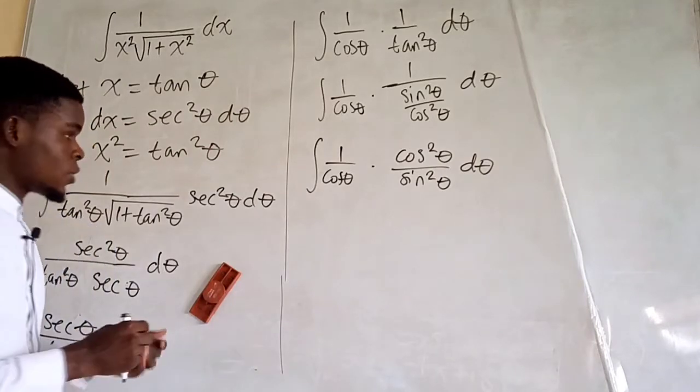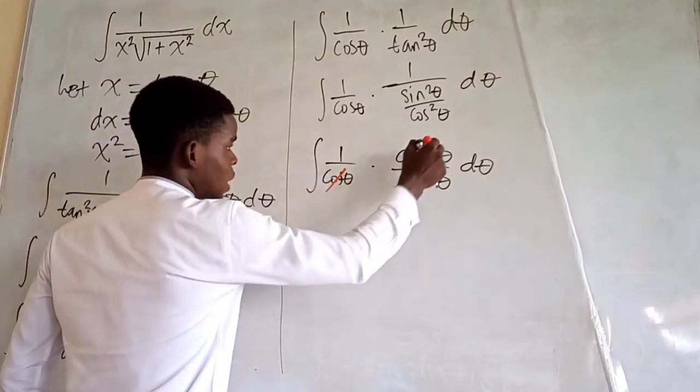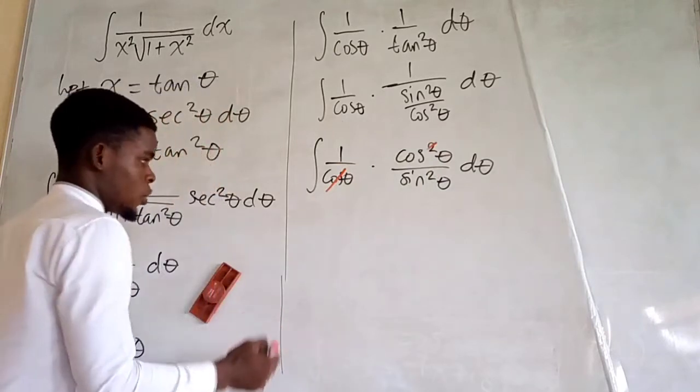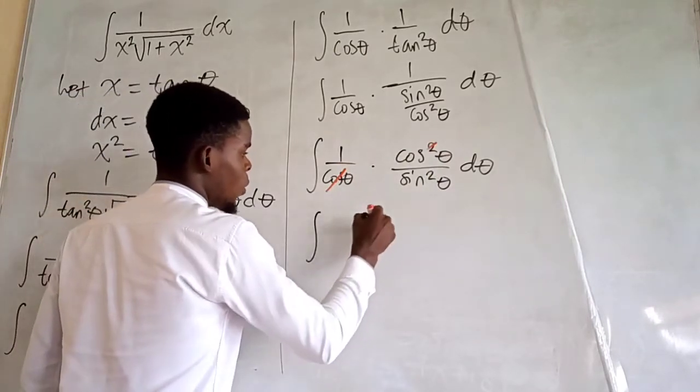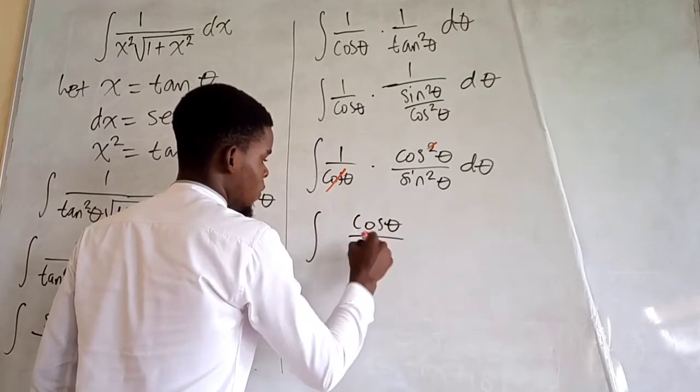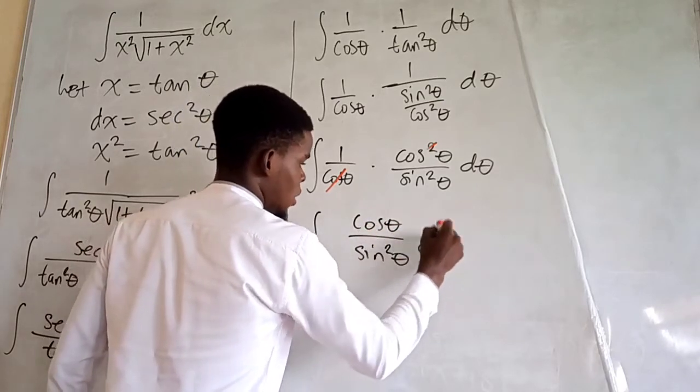Again, cancel some things: cosine theta will cancel out with one of these, and we will just have the integral of cosine theta divided by sine squared theta, d theta.